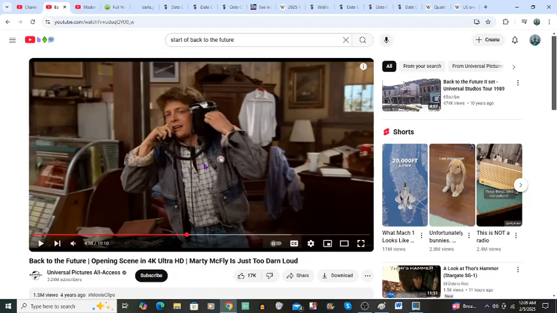as far as I'm aware, the quarter is referenced 4 times. So this idea of the $1 being referenced with the quarter 4 times, and also the quarter being referenced 4 times at the start of Back to the Future. Pay attention to what's going to happen here. This is when the alarm bells have started ringing.